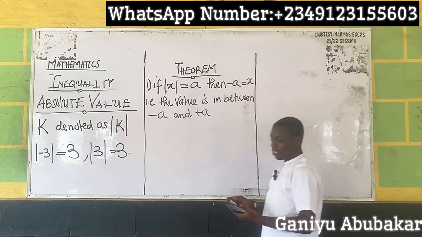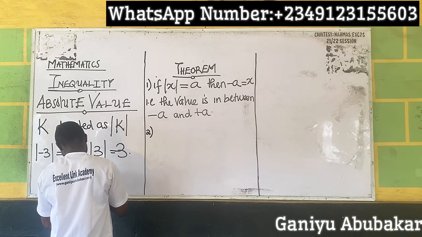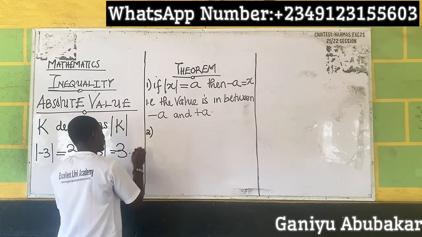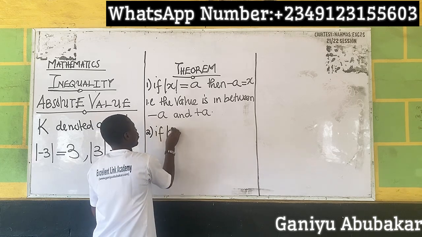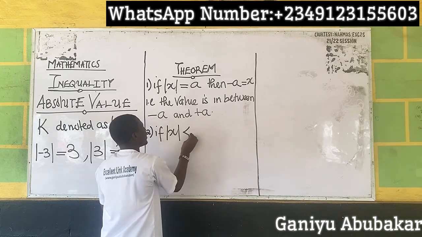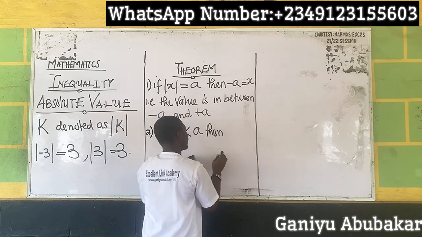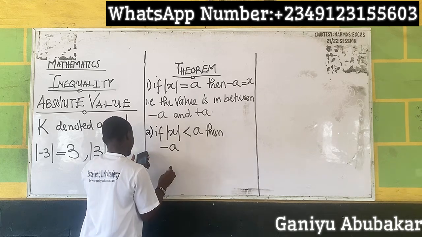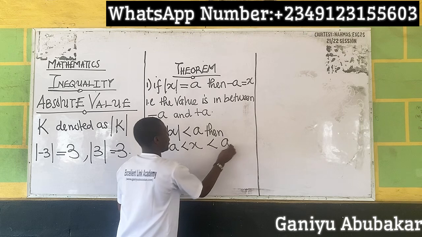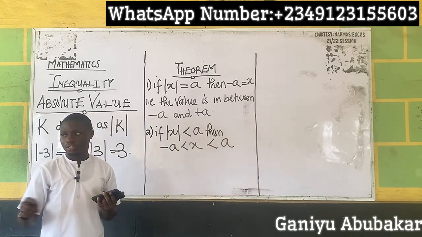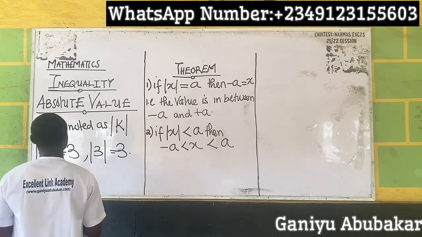That's the first theorem. The second theorem is that if the modulus or absolute value of x is less than a, then negative a is less than x, less than a. This is your second theorem when it comes to inequality.